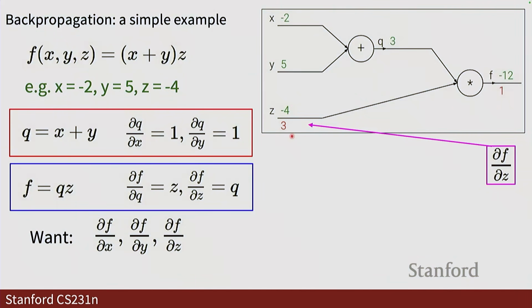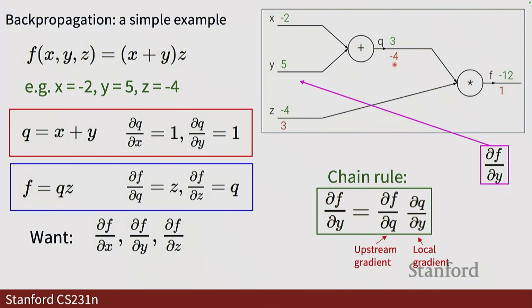Next, we have q, which is directly connected to f. This is also easy to compute because we have already calculated that the derivative of f with respect to q is equal to z. Whatever z is, that's the value of the derivative here, -4.